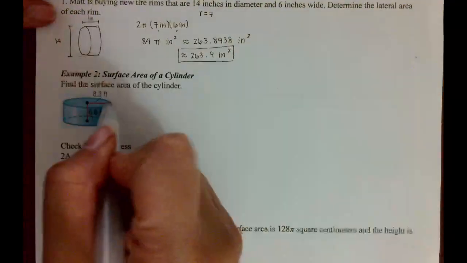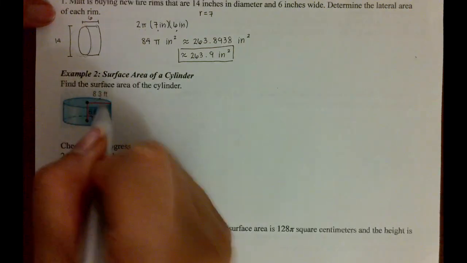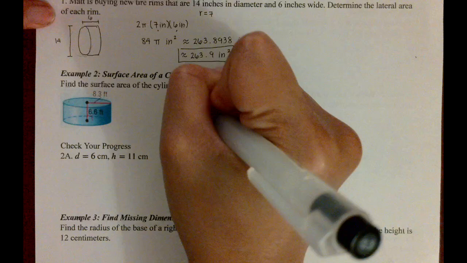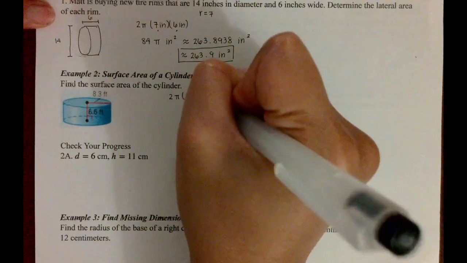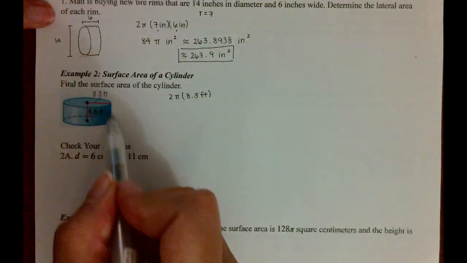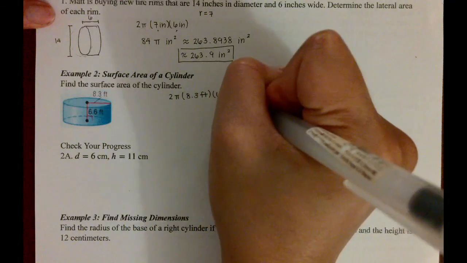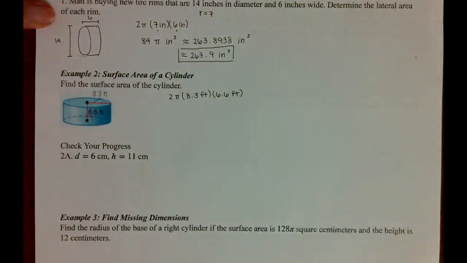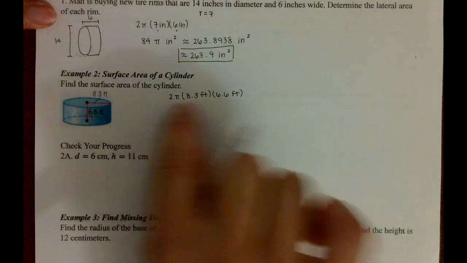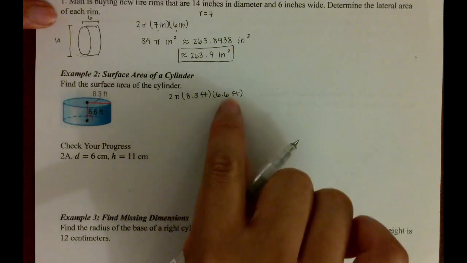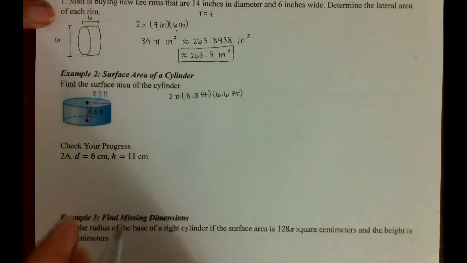So here, the wraparound part, this is 2 pi r, so 2 pi. A radius in this case is 8.3 feet, and then the height here is 6.6. Right. So that's the wraparound part. If I cut it open, it's a rectangle, where the length is that circumference, and then the width or the height is the height of the cylinder.